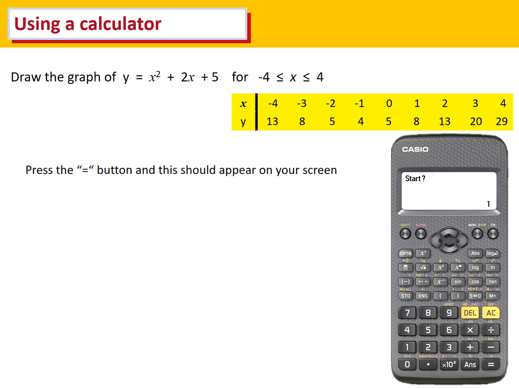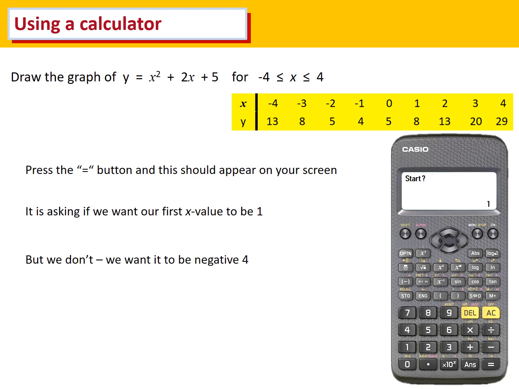And when we press the equals button, we should have a question on the screen which says start question mark 1. That is asking us if we wish our x values to start at 1. But we don't. We wish our x values to start at -4. So we type in negative followed by 4 and then press the equal.